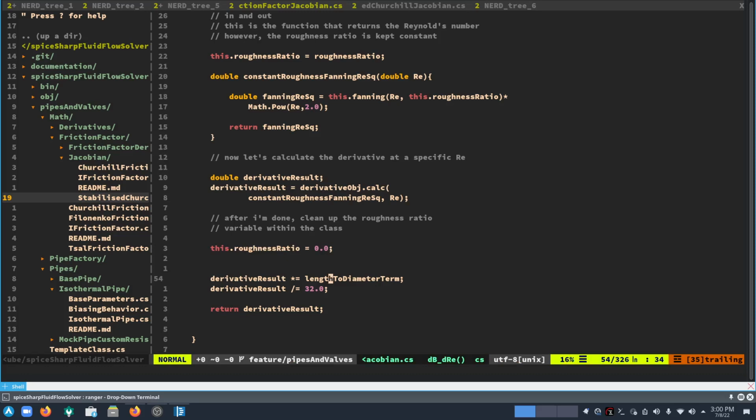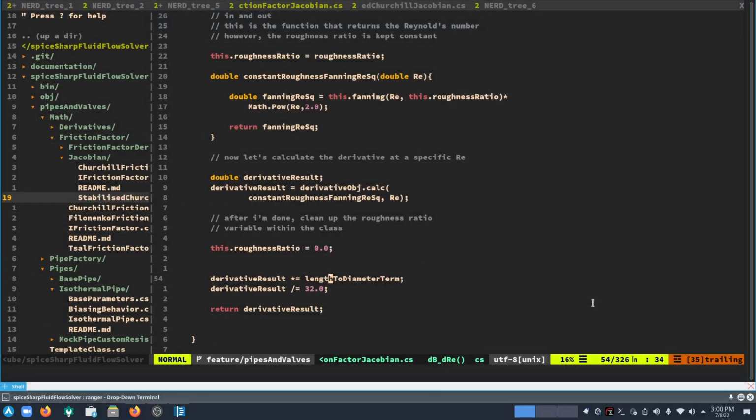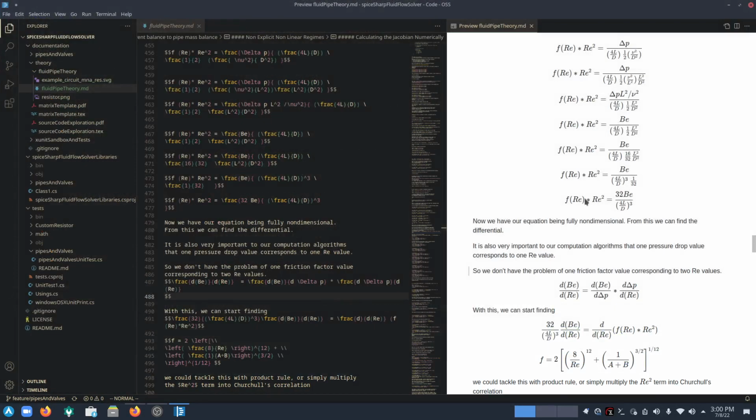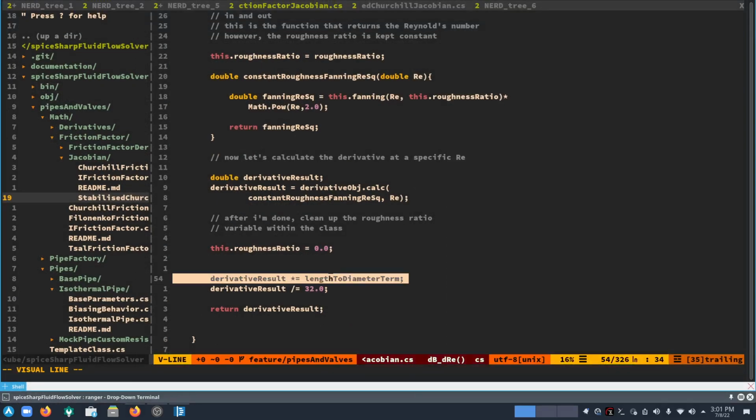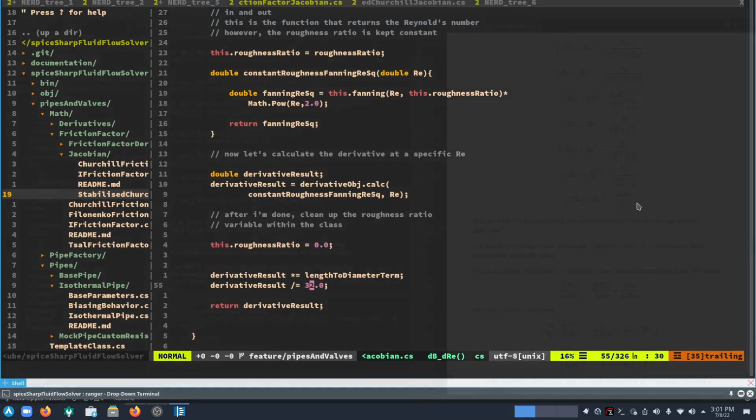The derivative result of dBdRE will be this derivative result here. It will be the dFdRE squared, and then I have to multiply this by 4L over D cubed. So the times equals there is to multiply 4L over D cubed, which is this length to diameter term inside, and then I divide it by 32.